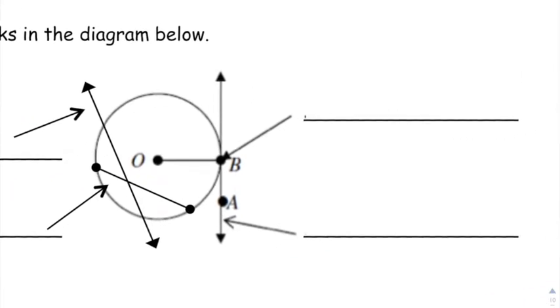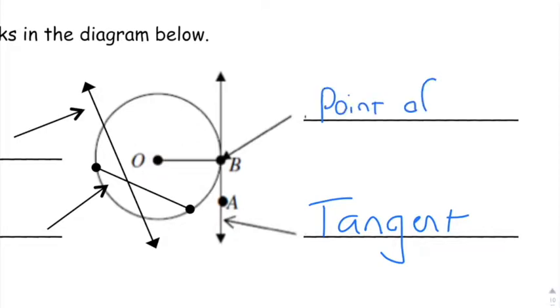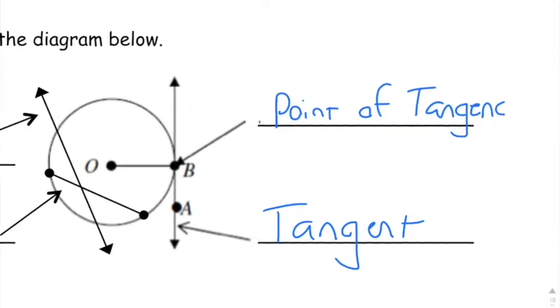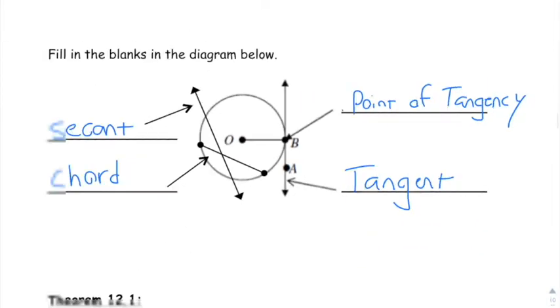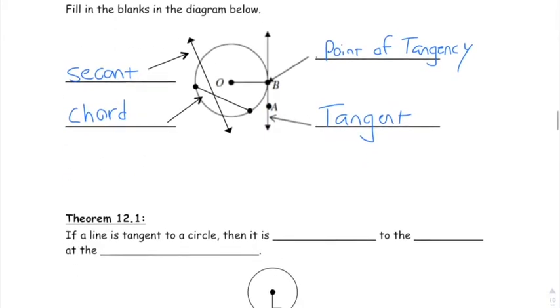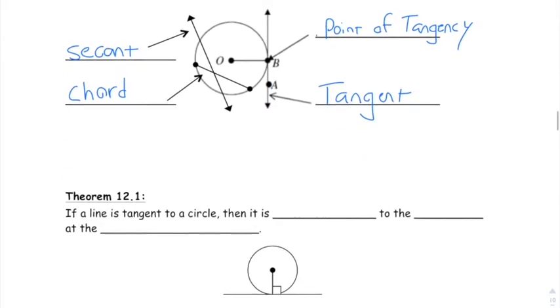Down here, BA, that's a tangent line, so we'll just say tangent. And then point B is the point of tangency. That's kind of a picture of everything, and we'll refer to all those throughout the rest of the week.